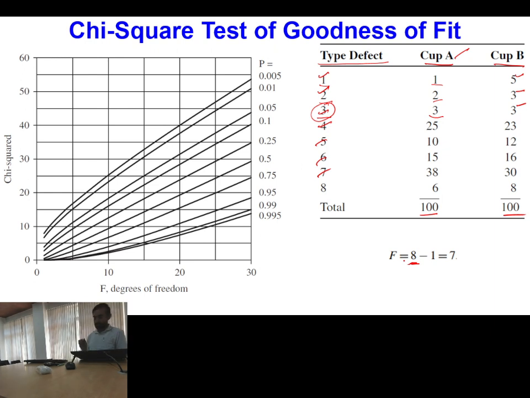So the constraint is your defect, and 8 minus 1 is 7. Now by taking the value of f equal to 7, and considering that this is your expected value and this is your observed value, we can see whether these two samples have good correlation or not.